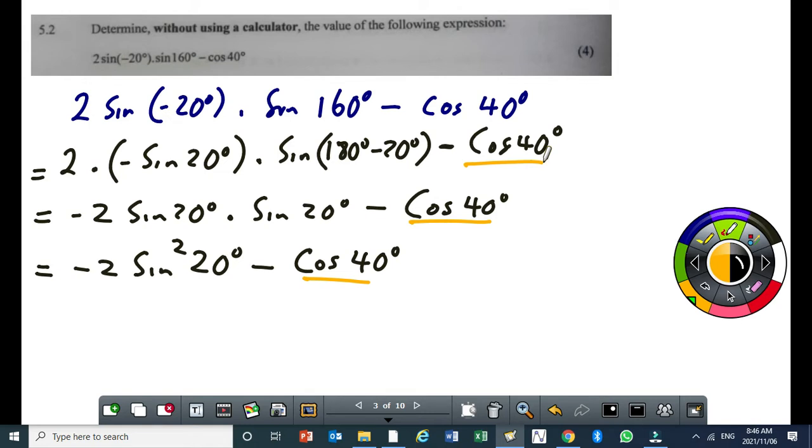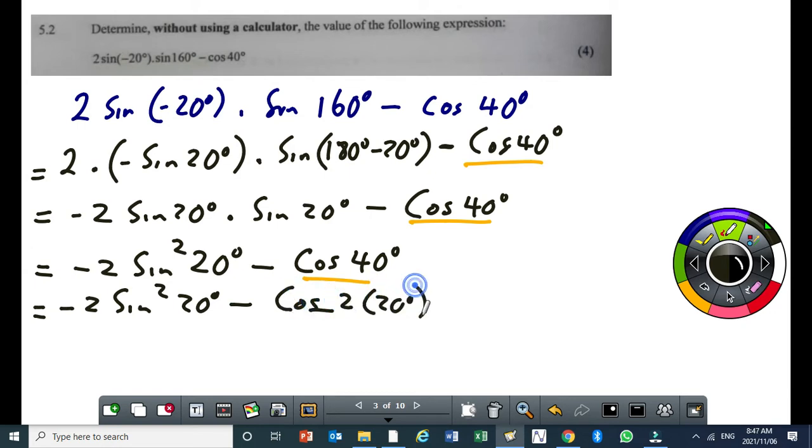So that can only happen if we write it as minus 2 sine squared 20 degrees. This becomes minus cos 2 times 20 degrees. Then we are now having a what? A double angle. Cos 2 times 20 degrees can be written using sine now. Okay, so this is the same as minus 2 sine squared 20 degrees.